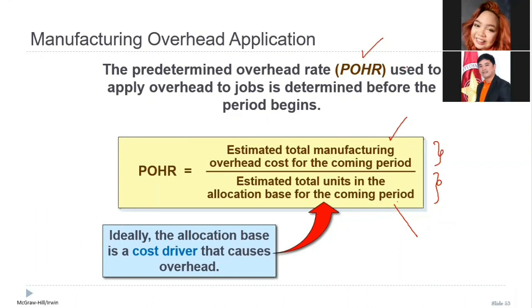Kaya naman, dapat din yung estimate natin, for the longest time, ganito yung operations natin, that's the time that we can strongly estimate or parang close to reality yung ating estimate. Okay? Mahirap mag-estimate nang wala ka pang experience, parang kaka-open mo lang ng business, so mag-estimate ka agad.